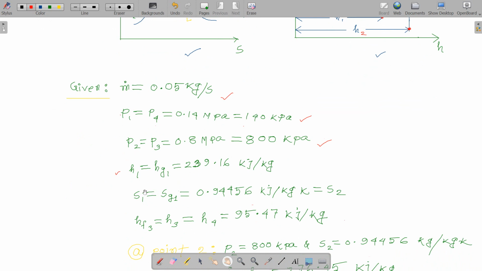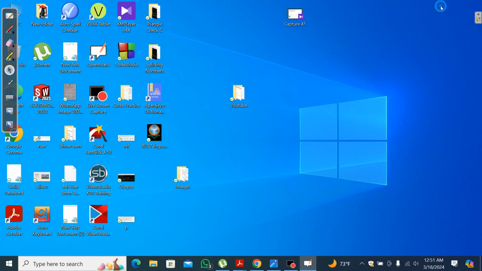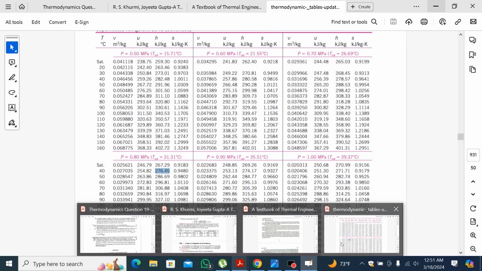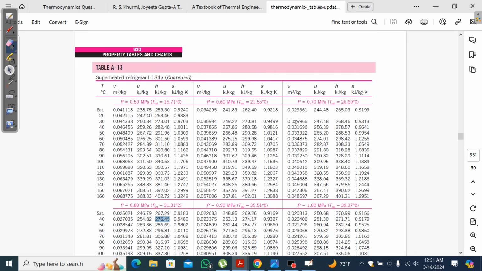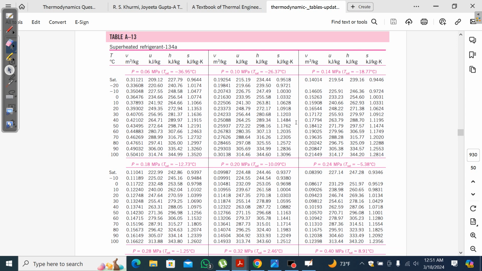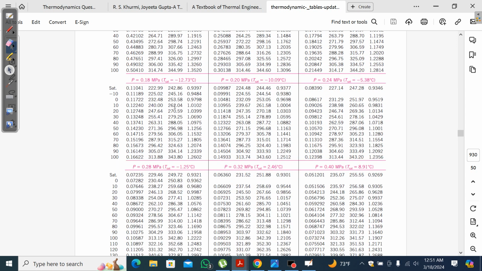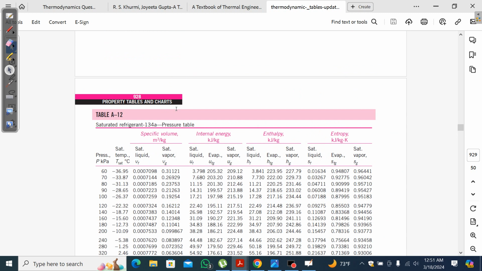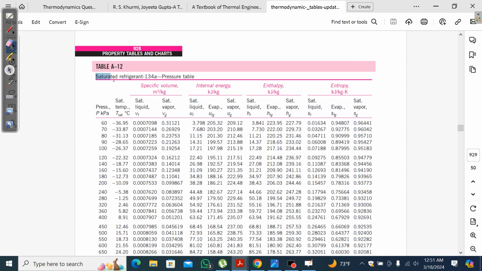So we need to find actually the vapor enthalpy of point 1. Where can we find it from? We can find it from the property table. Look, this is superheated, so this is saturated refrigerant. Here it is, the saturated refrigerant 134A pressure table. So we have to find the pressure.